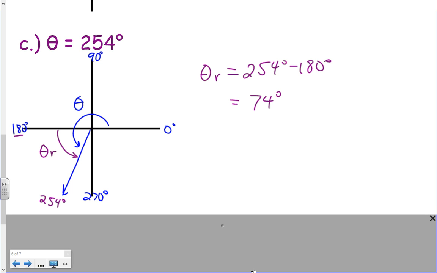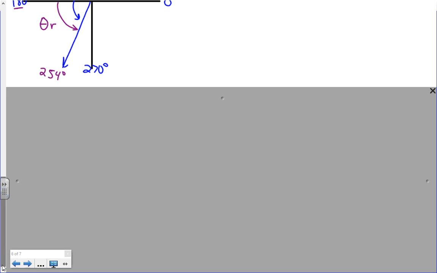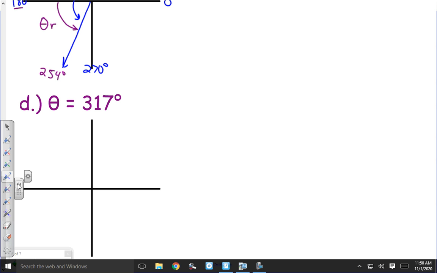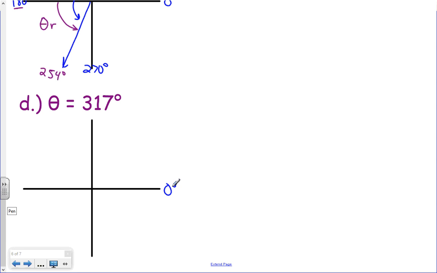And let's do one last one here. Last one here, probably can guess that they gave us a problem here that was started off in the first quadrant, the next one second quadrant, the last one we did was in third, so it's probably not going to be a surprise what quadrant we're in here, but let's just verify that that's the case. Here's 0, here's 90, 180, 270, and then back to 360 here.